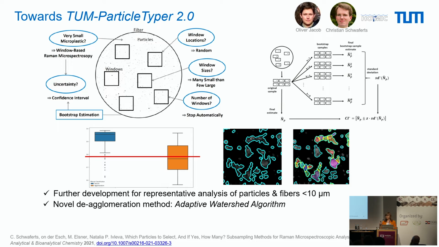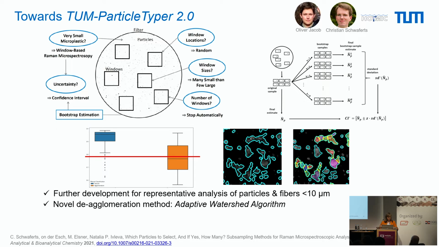You can choose it as one particle, but you will lose a lot of information if you measure just one point. If you do the deagglomeration, for example, with watershed, you can cut your fibers or your particles into many particles and will overestimate the number of particles and fibers on your filter. In this case, we tried to optimize it and developed the deagglomeration using adaptive watershed.